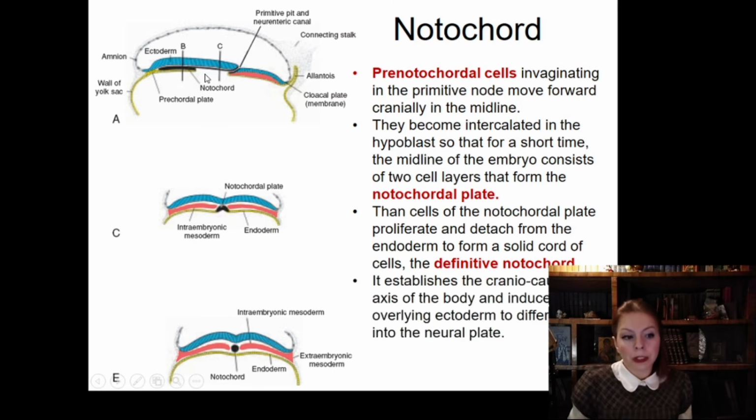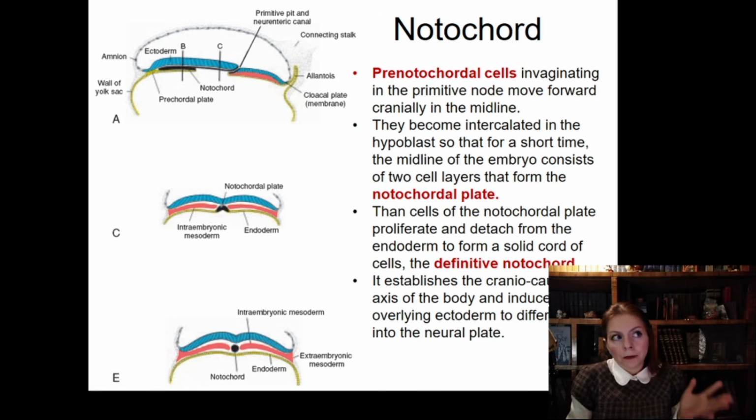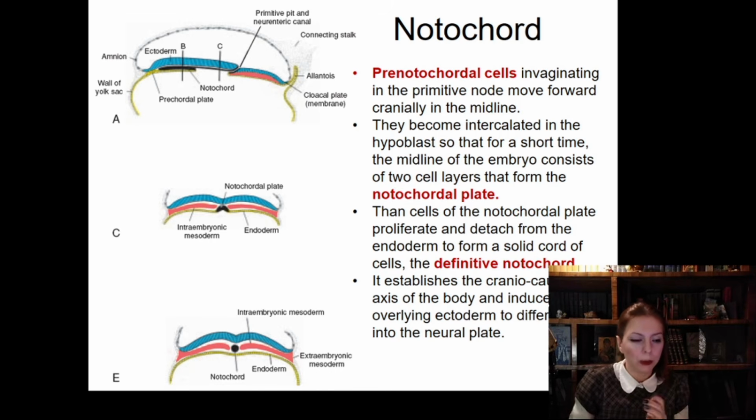What is important about the notochord? Why do we discuss its development? Because this is the first prominent structure formed in the embryo. It designates the future longitudinal axis of the body. And what is especially important is that the notochord has an inductive effect, inducing the development of the neural tube above it.